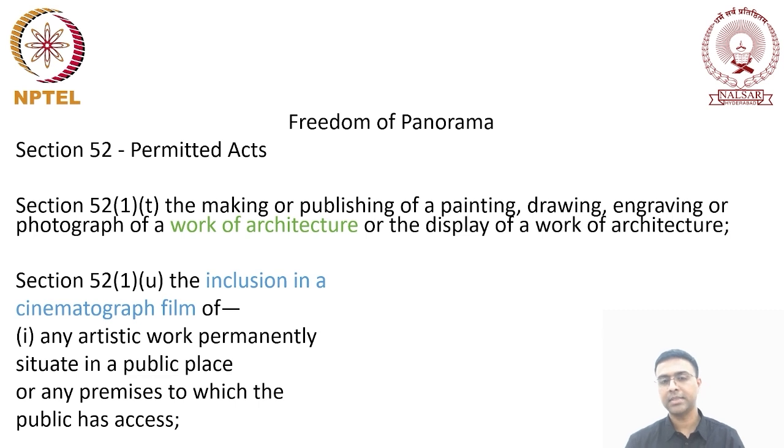If we look at section 52 of the Indian Copyright Act, let us take a look at two provisions. The first provision is section 52(1)(t). It states, the making or publishing of a painting, drawing, engraving, or photograph of a work of architecture or the display of a work of architecture is a permitted act.